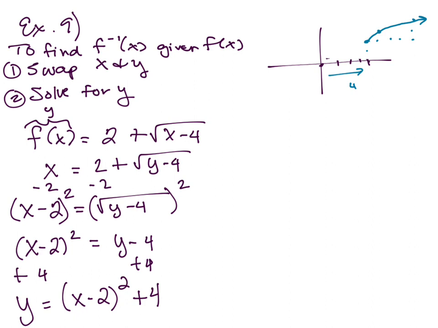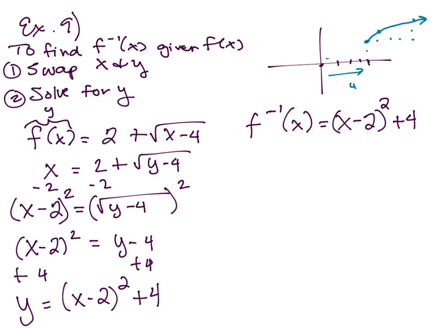And yesterday we talked about the importance of renaming this. This is called y, but actually y was f of x. And this is inverse. So we want to call this one f inverse of x equal to x minus 2 squared plus 4, so as not to be confused with f.